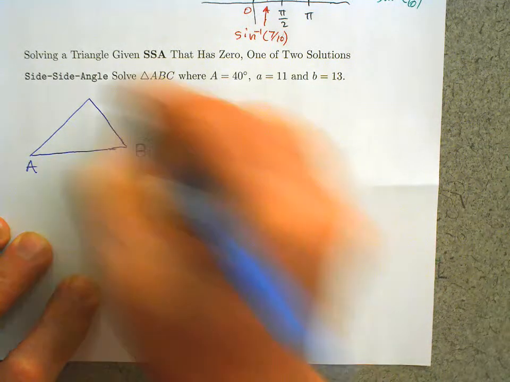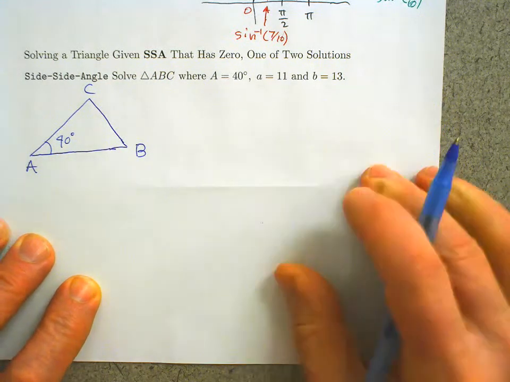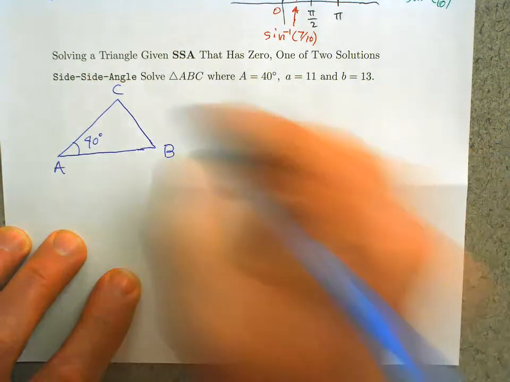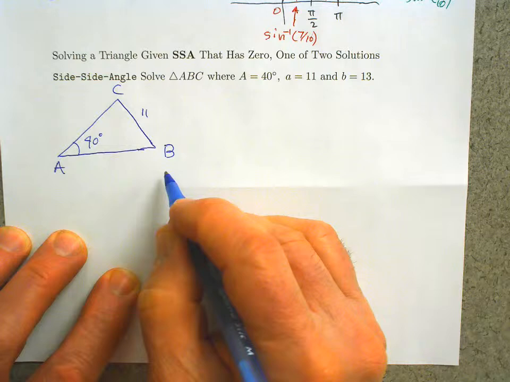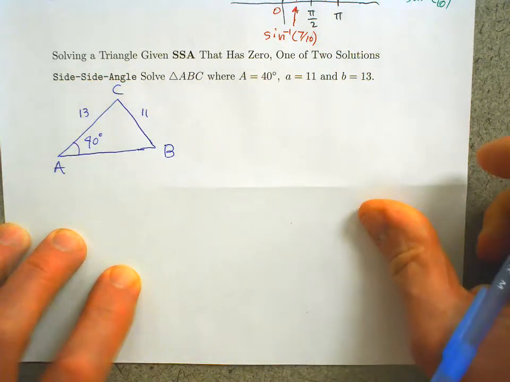So I'll label the triangle ABC. Angle A is given to be 40 degrees. This side is 11. The side opposite angle B is 13.